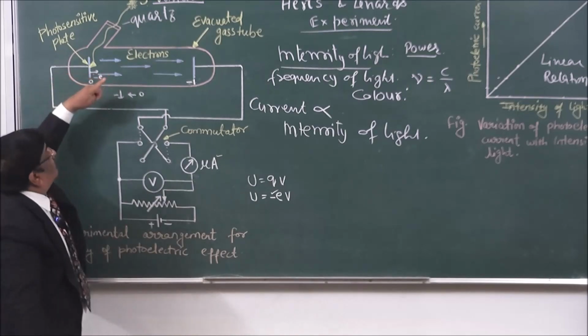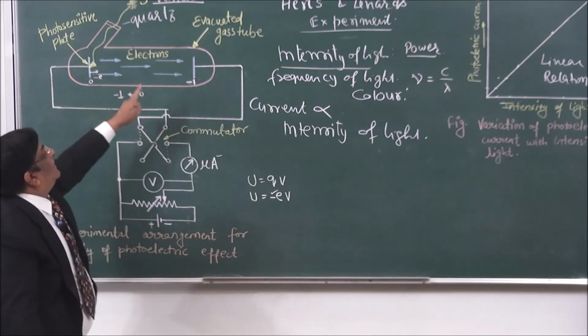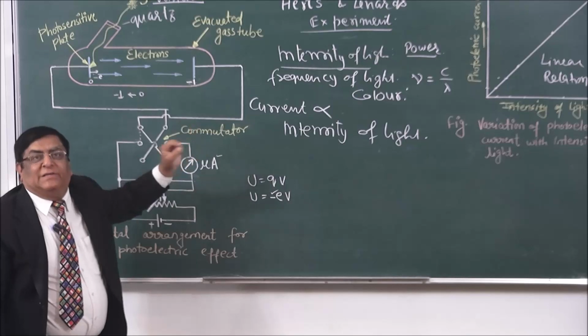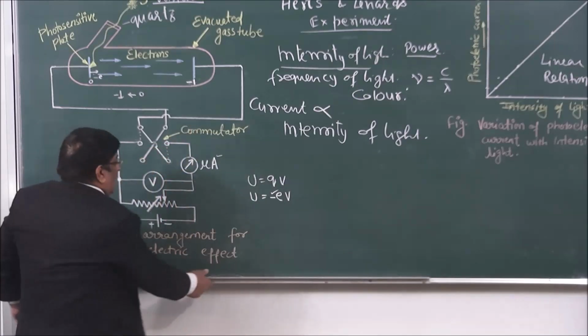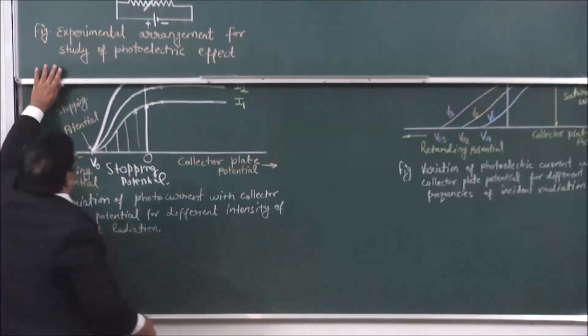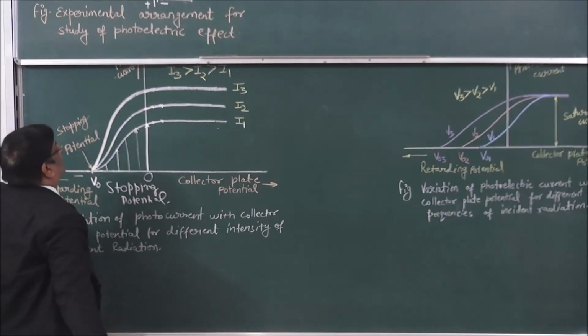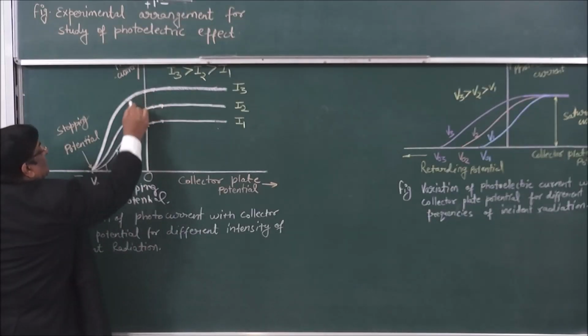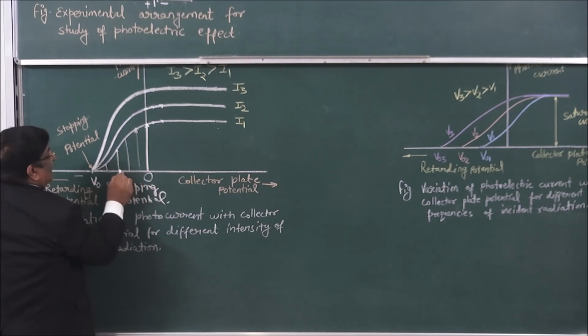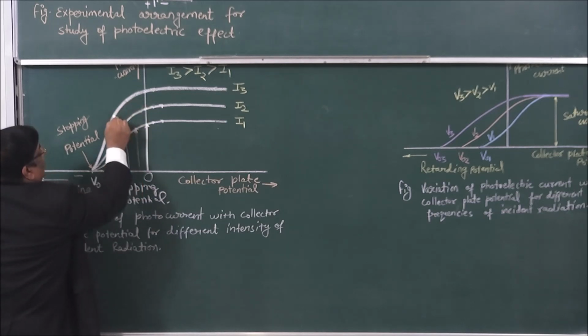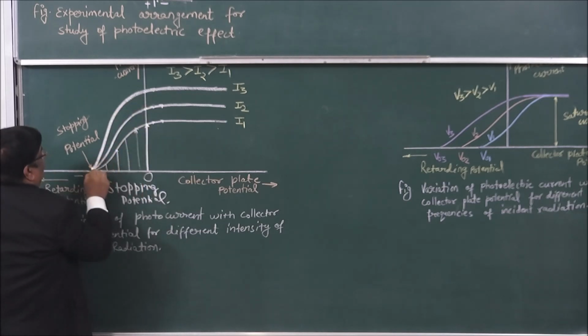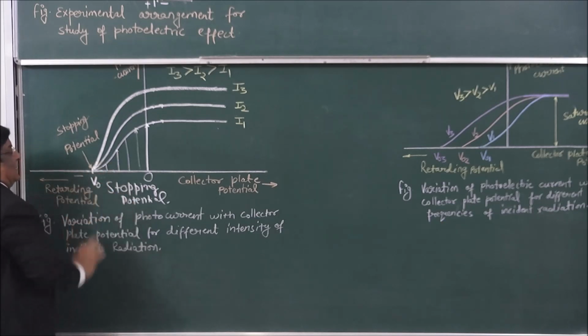Then the current becomes 0, and that voltage is here V0. It is the same potential.